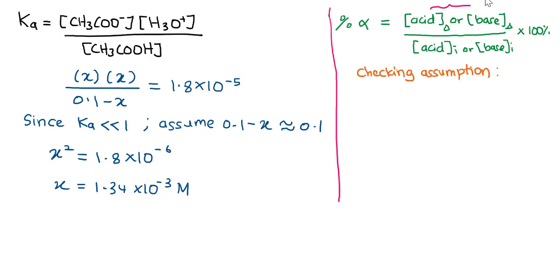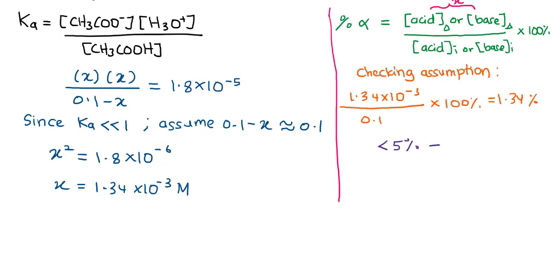The concentration of acid or base that is dissociated is the value of X. So to check our assumption in this problem, we have 1.34 times 10 to the power of minus 3 molar divided by its initial concentration, which is 0.1 molar, times 100%, and we get 1.34%.